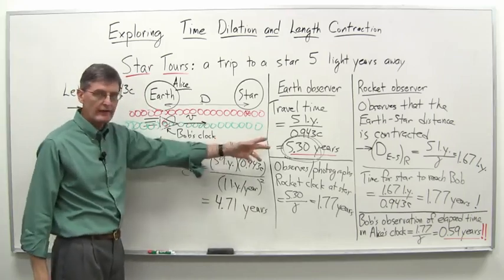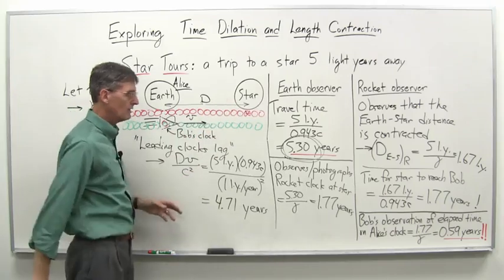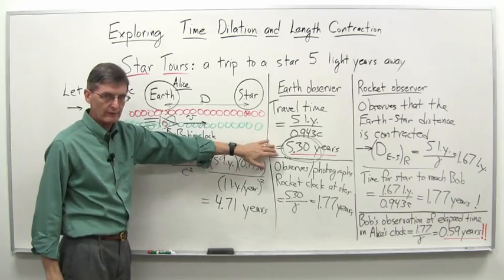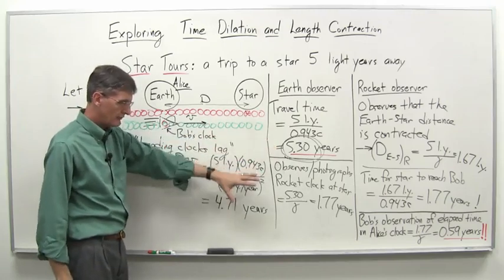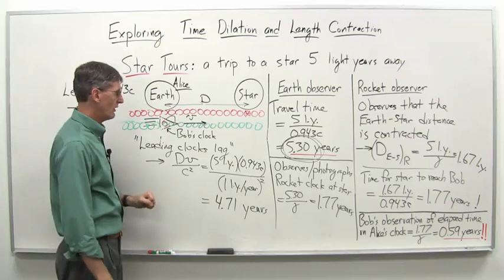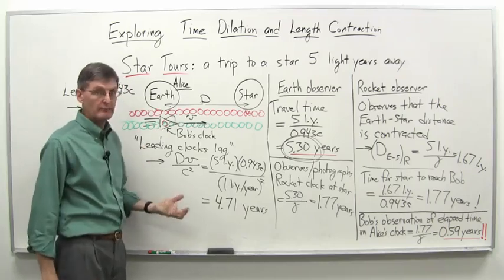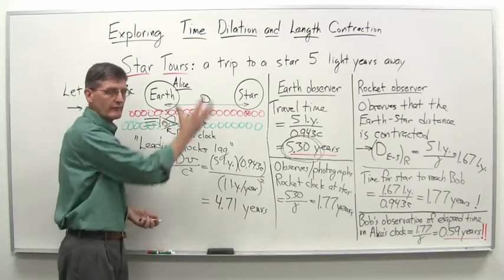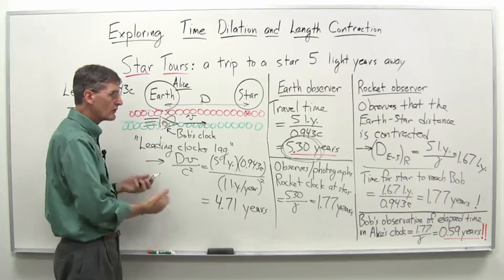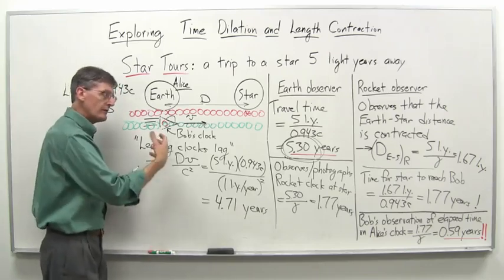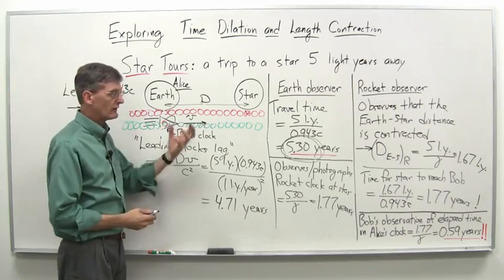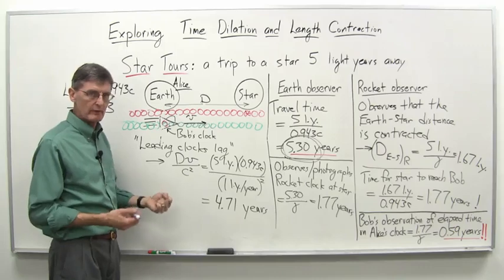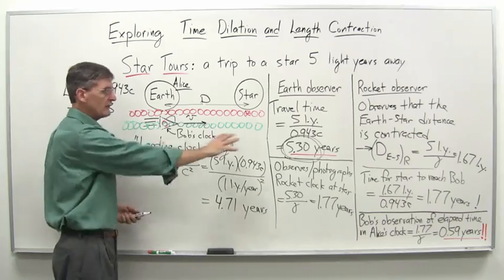Not because you're right, your clocks are all messed up, they're all unsynchronized, but yes, we can agree that that's what should show 5.3 years, and they both agree that yes, the 1.77 years should show on Bob's clock, but for different reasons. So again, something to ponder, to work through in terms of how time dilation works into it, how length contraction works into it, and then the missing factor that people often forget about, the relativity of simultaneity.